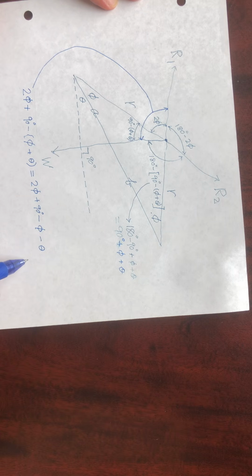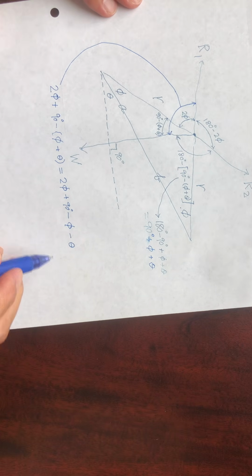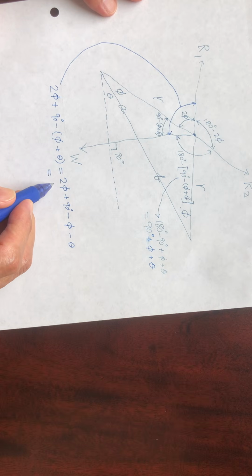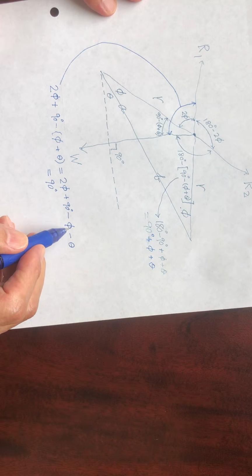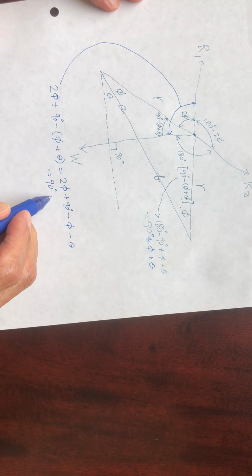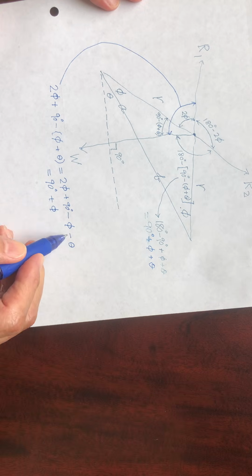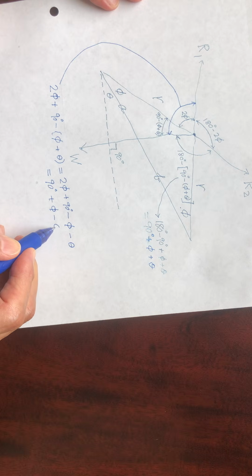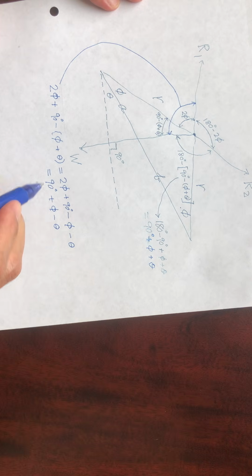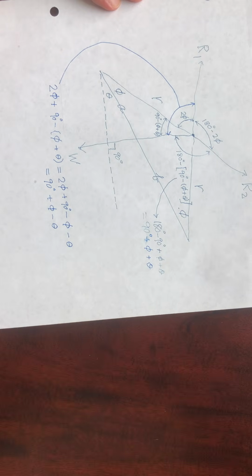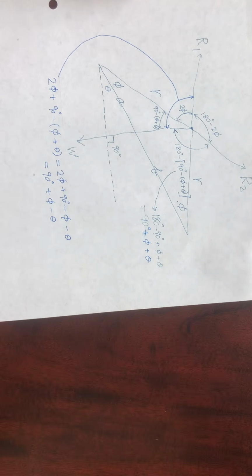Okay, let's write 90 degrees first. 2 phi minus phi is just phi. And then minus theta. So this is this angle. Then I can write down Lami's theorem.